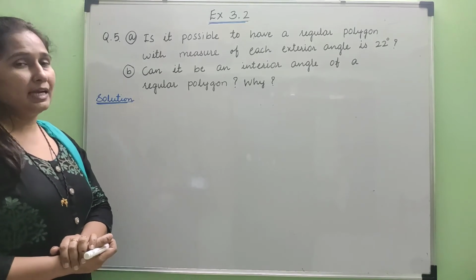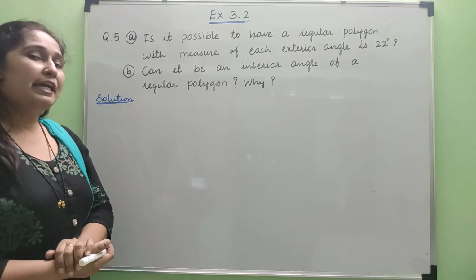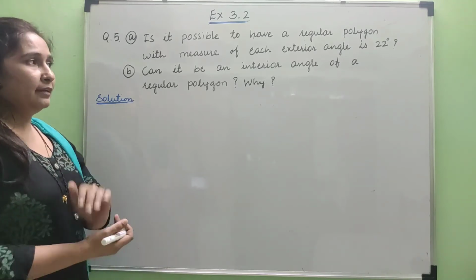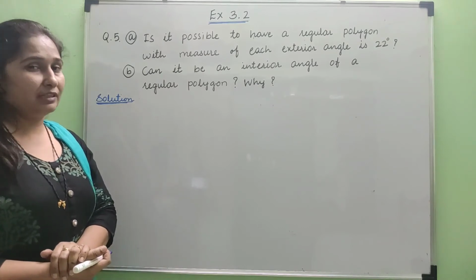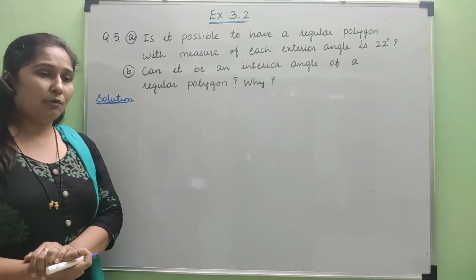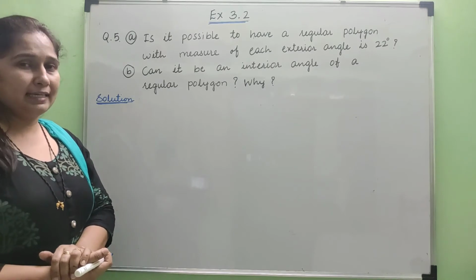Now in the second part they have asked whether it can be an interior angle. If it can't be an exterior angle, can it be an interior one? So again, for it to be a regular polygon you need to check its number of sides. To find the number of sides you have to divide 360 by the measure of its exterior angle.